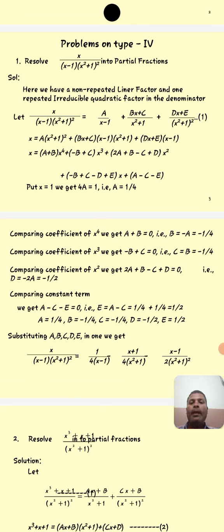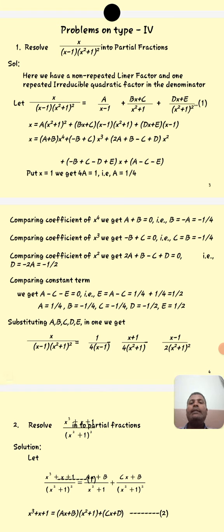Next step, x equals. Now we do the LCM procedure, then cancel the remaining denominator part. After completing the simplification, we get x equals a into (x square plus 1) whole square plus (bx plus c) into (x minus 1) into (x square plus 1) plus (dx plus e) into (x minus 1).